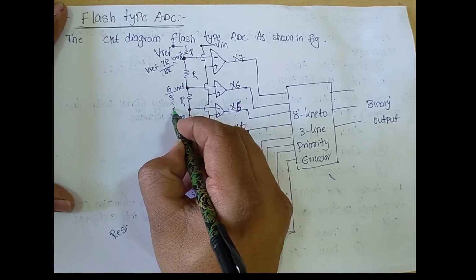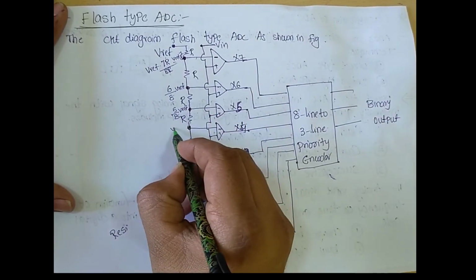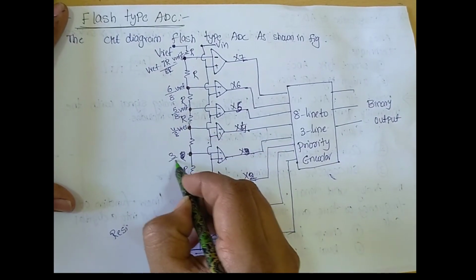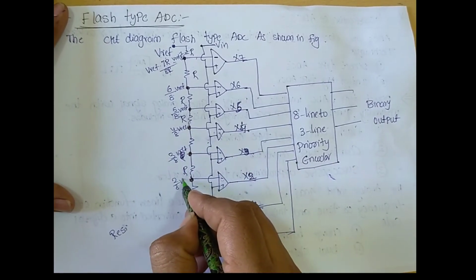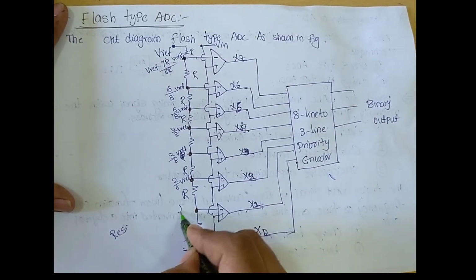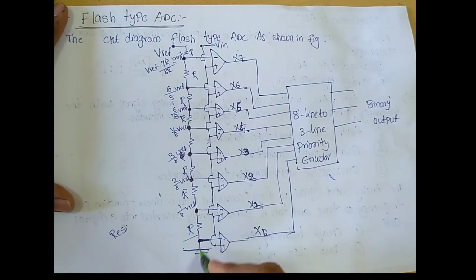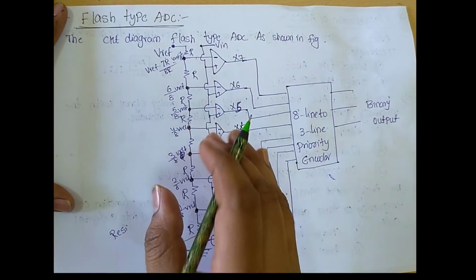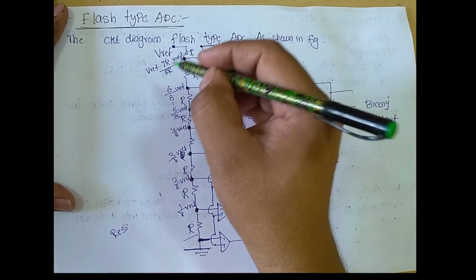Similarly, the next node voltage is 5 by 8 into V reference, then 4 by 8, 3 by 8, 2 by 8, and 1 by 8 into V reference. The last node has 0 volts because it is connected to ground. Clear? Here we observe one important point: this resistive divider network equally divides the reference voltage.